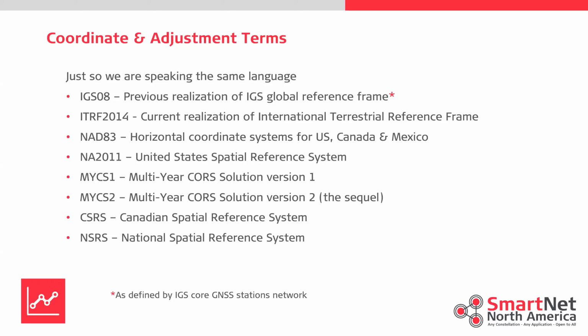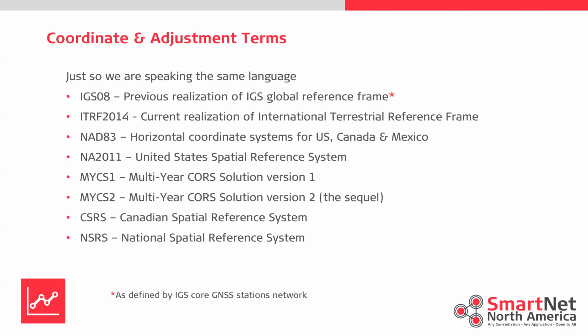So you're not going to hear me say NA2011 much after this slide. I'll say it a couple times, but if I do say it, it will be augmented with MYCS1 or MYCS2. MYCS1 is the multi-year core solution version 1, which is the original NA2011 that was released in 2012 on epoch 2010. I know it's confusing, but that's just what it is.